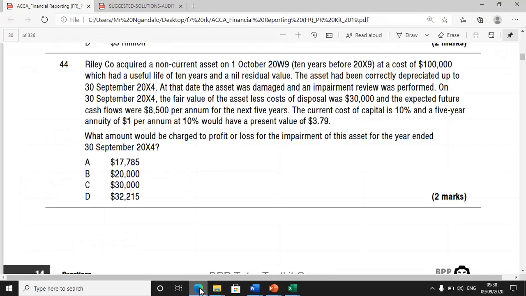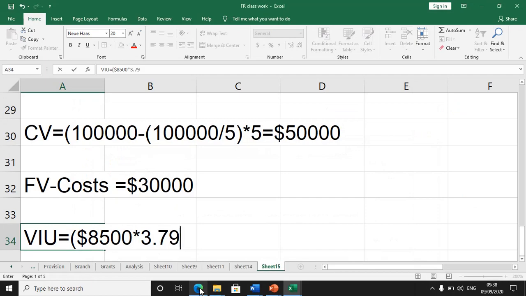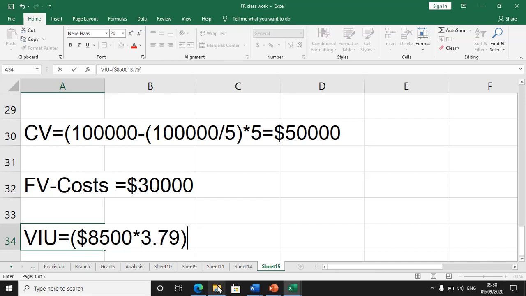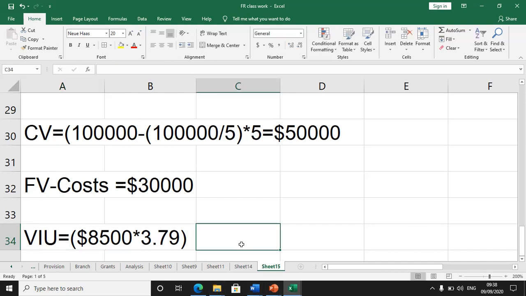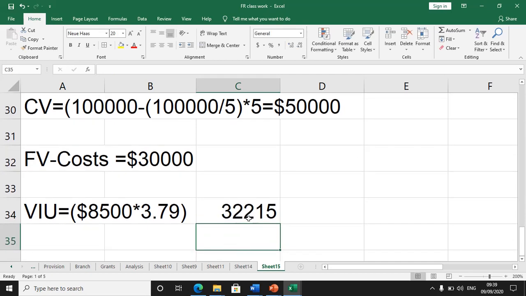Multiply that by the cumulative discount factor, which is 3.79. I think if I use the power of Excel again, and this is our last question, we should be having 85 multiplied by 3.79. That gives me that. So now the recoverable amount will be the higher of these two, which is 32,215.